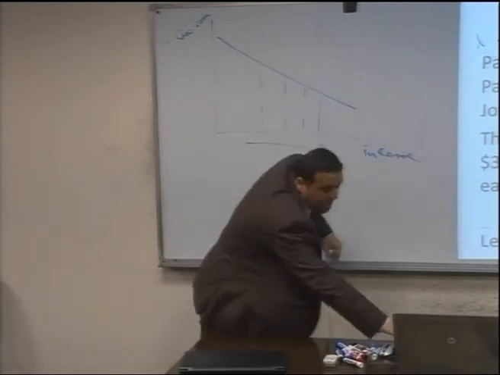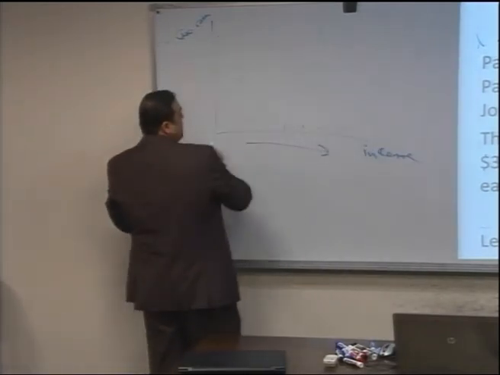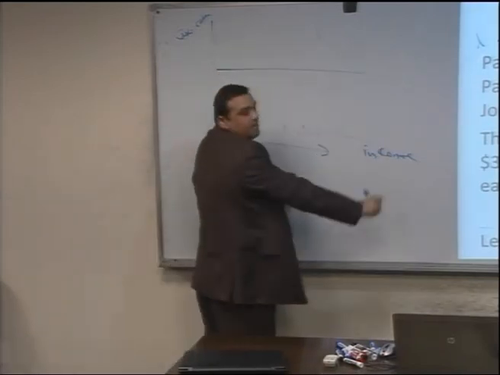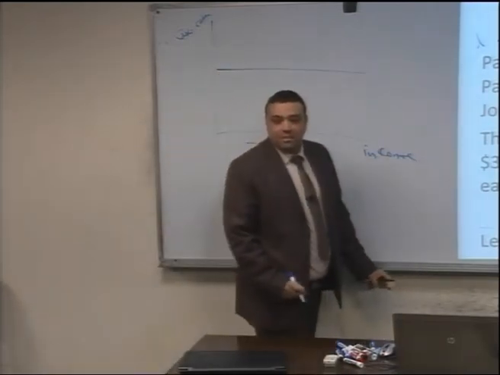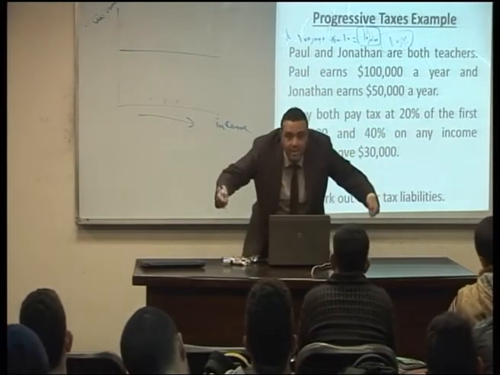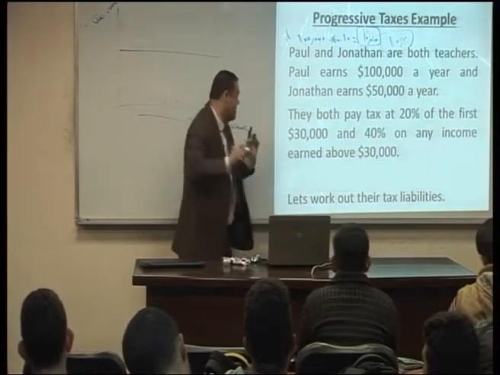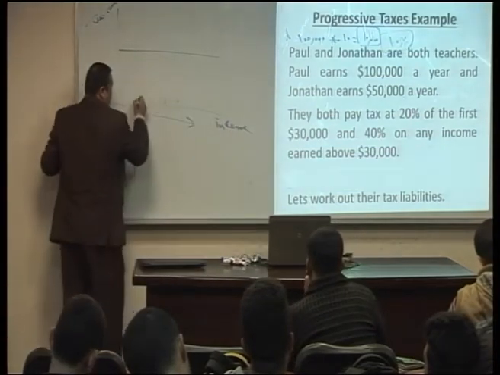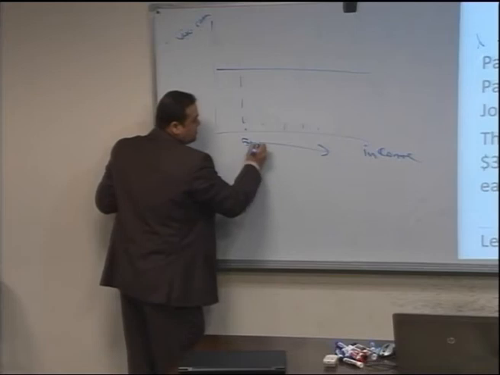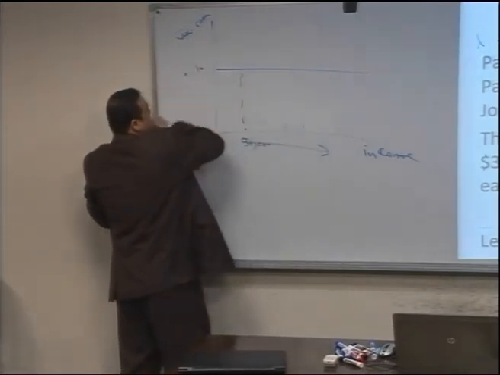What about the flat tax rate or the proportional tax rate? It should be the same. All taxpayers have to pay the same tax rate. So, the person with income of $50,000 has to pay here 10%.